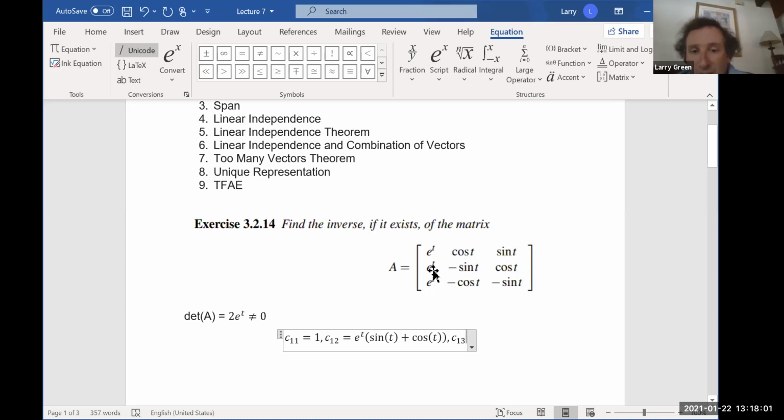And when you have positive, that's going to be e to the t times negative cosine t minus e to the t times negative sine t. So what we get is, in fact, I can realize that actually one's negative, one's positive. You get sine t minus cosine t if I did everything right. Any questions on this?